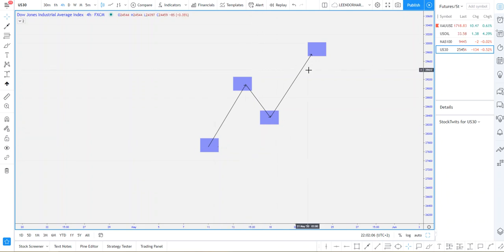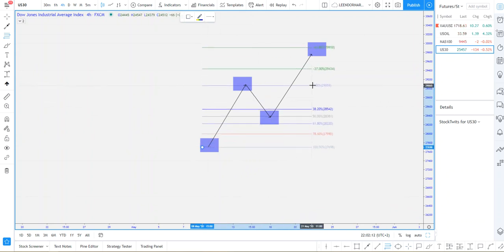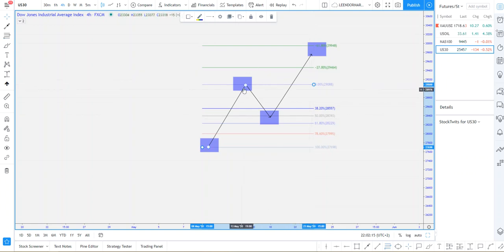So on an upward trend, the tool would work if you mark it from previous swing low to previous swing high, and whatever pullback will rest on one of these four levels, either the 38.2, the 50%, the 61.8, or the 78.6. It can even go to that 100% retracement, giving you a double bottom pattern before it goes up.